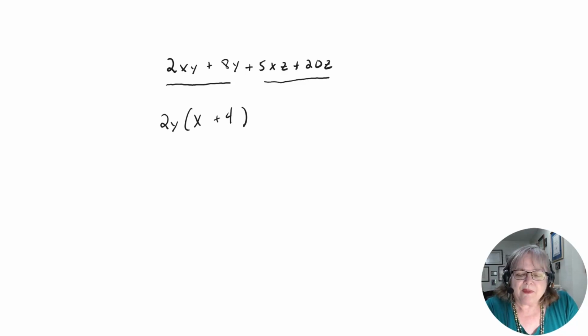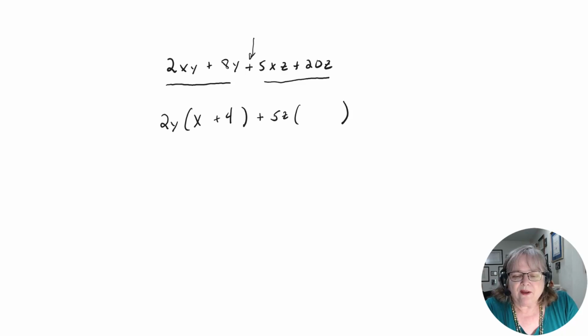All right, now you look at the back two, and you say, is there anything in common between a 5xz and a 20z? Well, 5 is in common, and z is in common. And most often you pull this sign right there. So you would go, all right, I'm going to factor out a plus 5z, and you're going to see what's left.